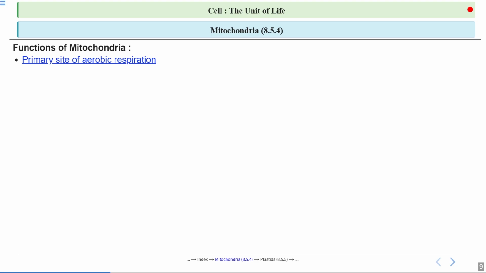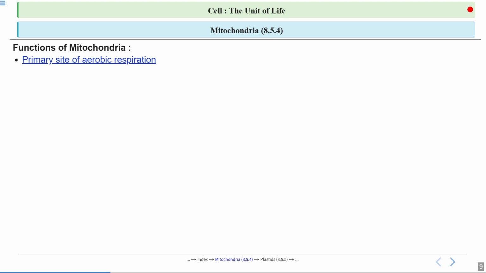And what happens during aerobic respiration? Glucose, which is a respiratory substrate, is completely broken down to release carbon dioxide, and energy is also released in the form of ATP.